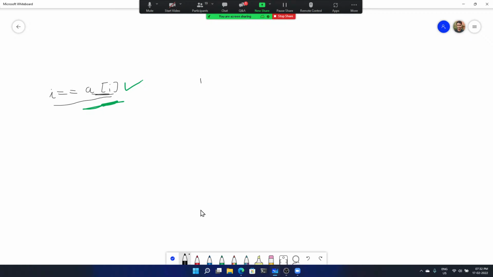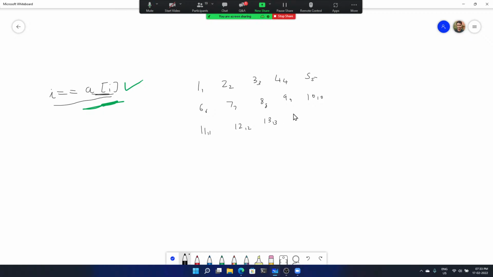So this is cell number 1 which has 1, then cell number 2 which has 2, cell number 3 which has 3, cell number 4 which has 4, cell number 5 which has 5, 6 which has 6, 7 which has 7, 8 which has 8. What is in the subscript is the index.